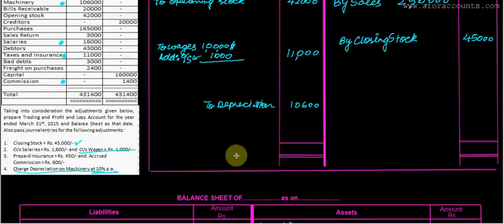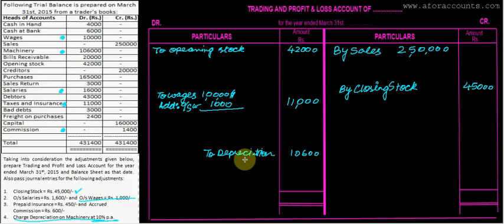Do I have a purchase return? No. So to purchases one lakh 65,000 can be written in the outer column. If I had a purchase return, then I would have written it in the inner column and then subtracted purchase return from it and then taken it to the outer column.